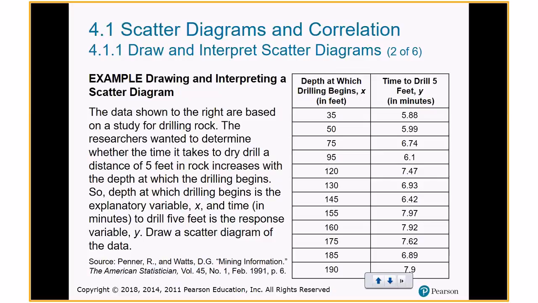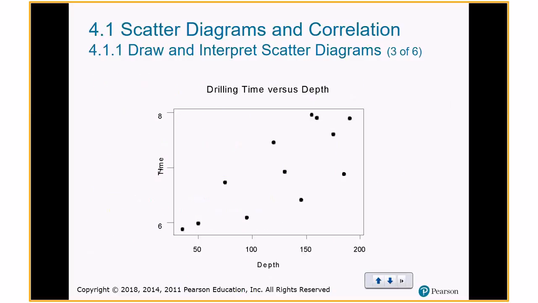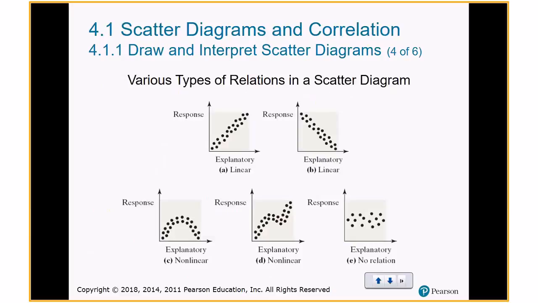But we'll look and see what they do. There's a scatter plot. What kind of correlation is it? Positive correlation. And this is the kind of stuff I'm going to ask. I'm not going to ask these. Of course, you can see that this is nonlinear, but I'm not going to cover those. I'm just going to cover this, this, and this.